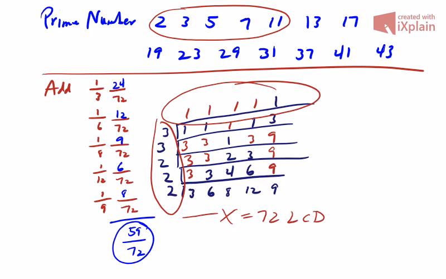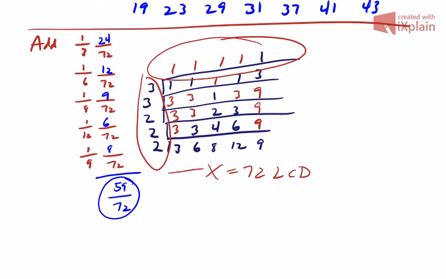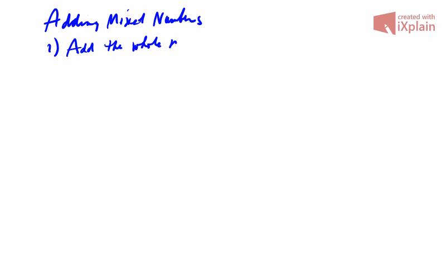Okay, now we're going to add mixed numbers. When you're adding mixed numbers, first you're going to add the whole number. Second, you're going to add the fractions, and remember to keep the denominators common.